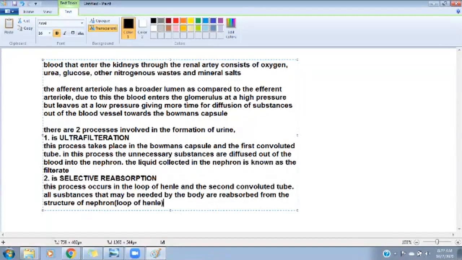Henle towards the blood. यानी अब उल्टा चलेगा, ठीक है?